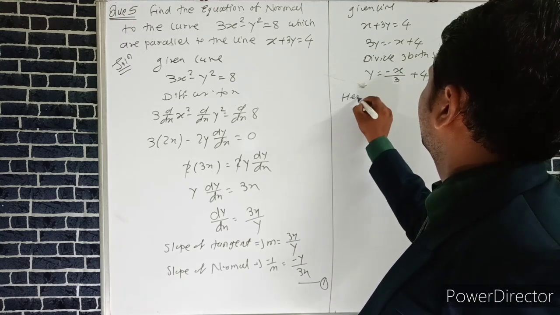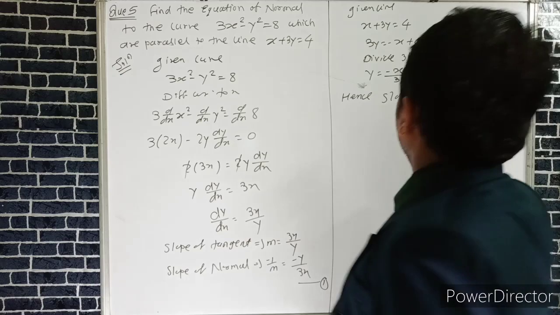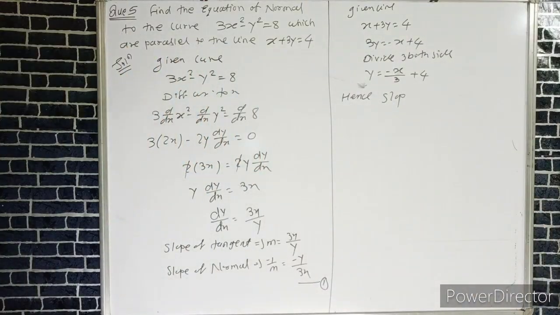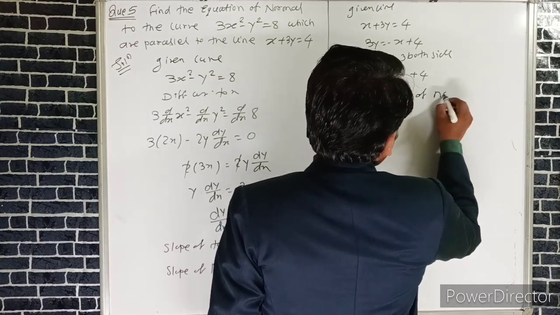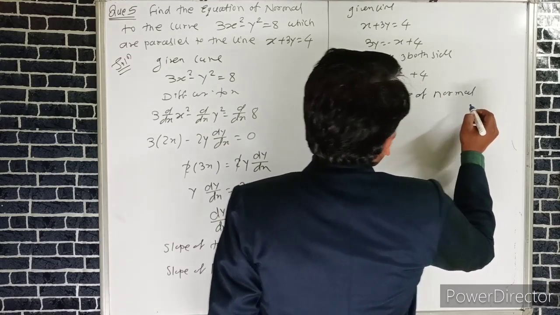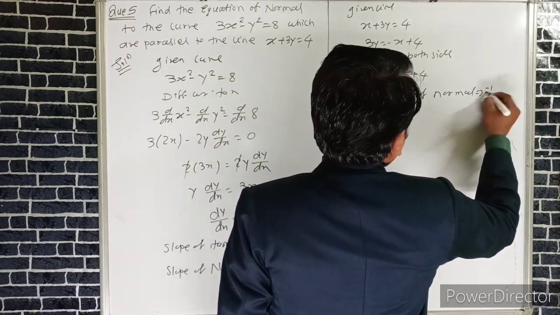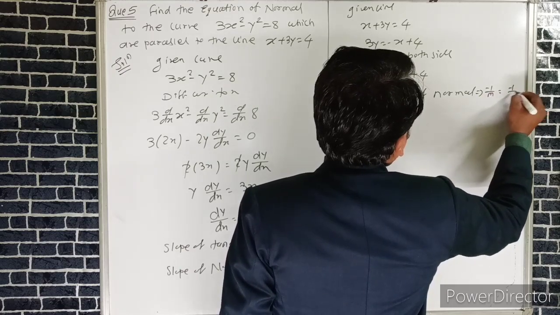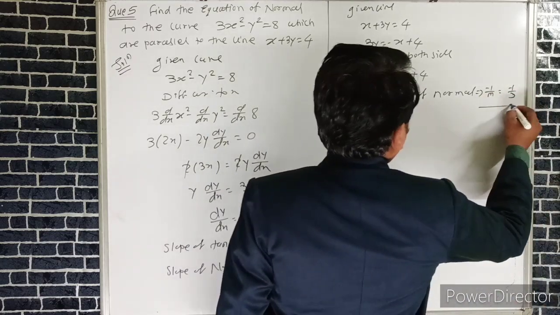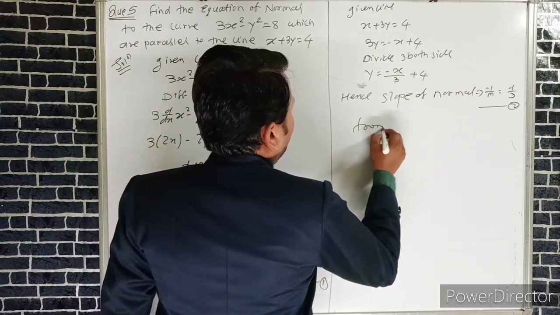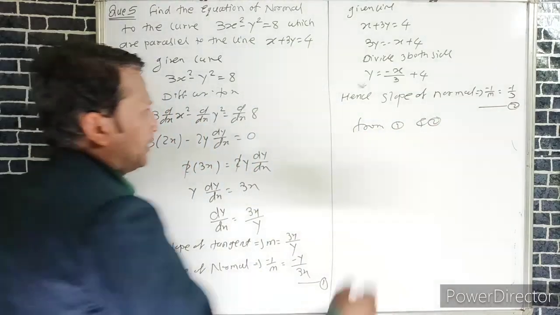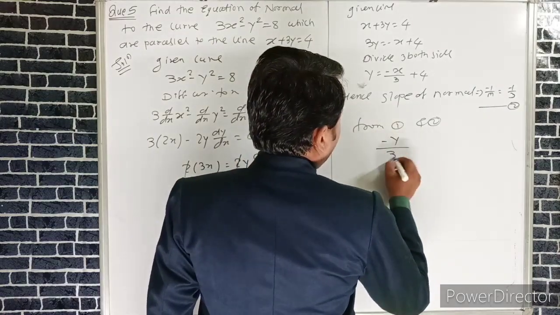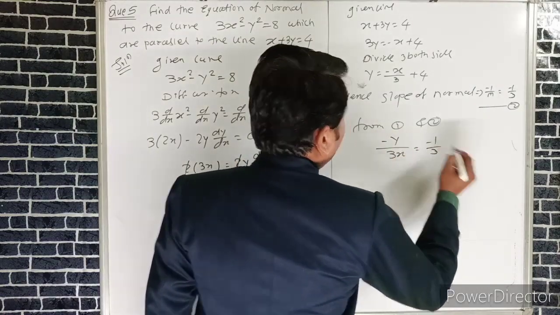Hence, the slope of the normal, which is minus 1 by m, is equal to minus 1 by 3, number 2. From 1 and 2 we can say that minus 1 by m, minus y upon 3x, is equal to minus 1 by 3.